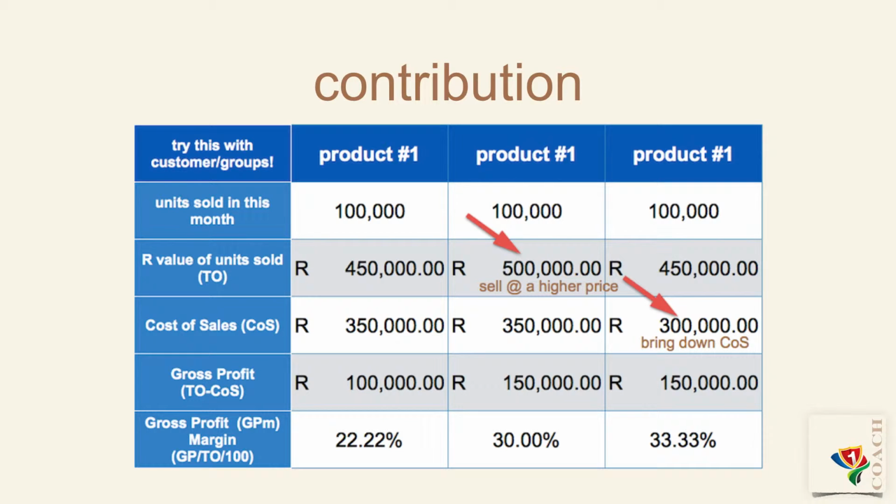Back to contribution. As the owner leader, you use this tool for strategic positioning of your product or projects, or customer grouping, or even sales performance. We utilize two levers of influence. One is price and the other cost of sale.